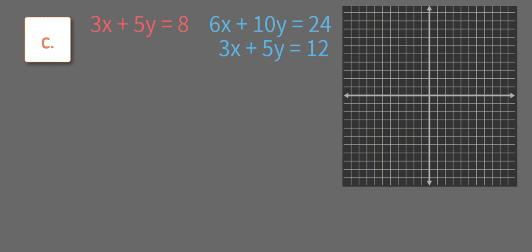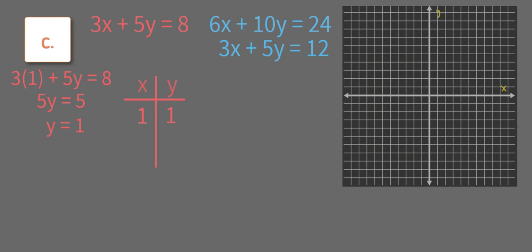But we'll go ahead and work this problem out. Let's go ahead and plot some points. We've got x, y, when x equals 1, let's say. Then we have 3 times 1 plus 5y equals 8. That gives me 5y equals 5, so y equals 1.